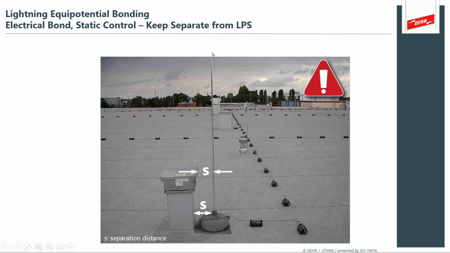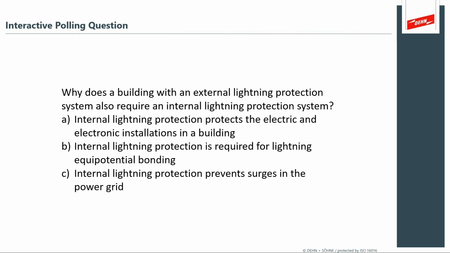So you want the air terminal to be close enough to protect, but you don't want it close enough to side flash. And so here we've done everything right except for keeping that separation distance. So again, it's very important to really pay attention to how this looks on the top of your structures.